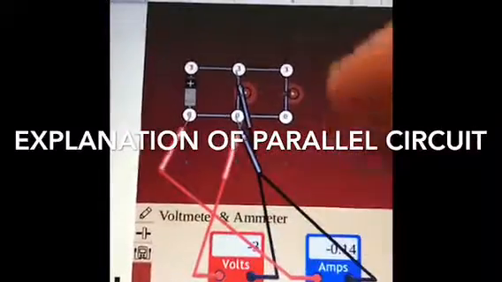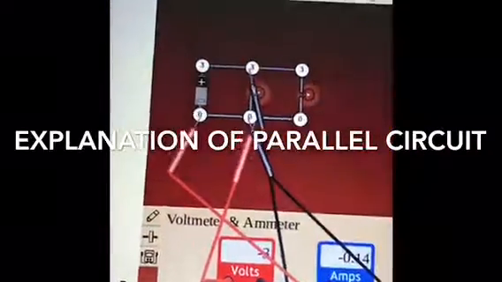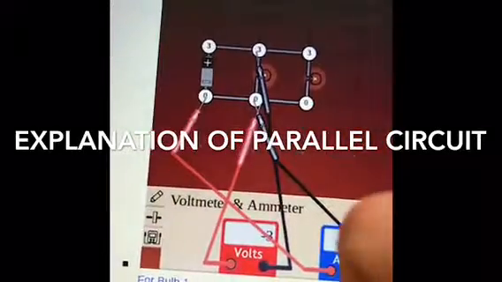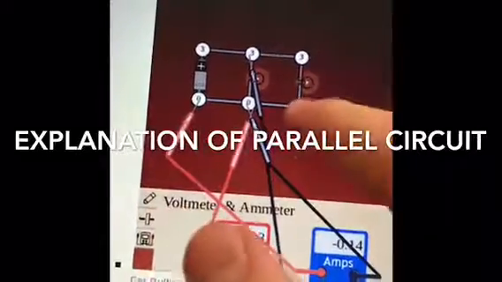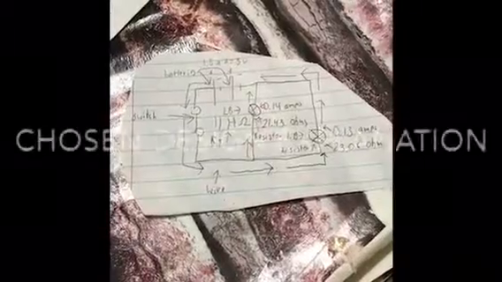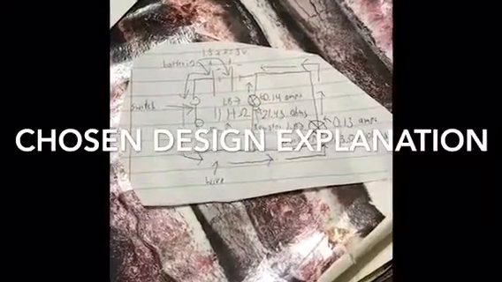So there are 2 light bulbs, one right here, one right here, and they both have the voltage of the battery. And this is because they go on separate paths, and so it overall creates more voltage and current than the series circuit. This is the design that my partner and I decided to do.